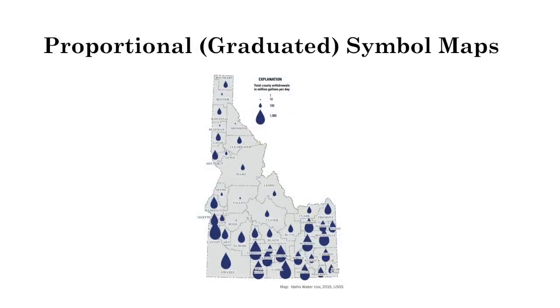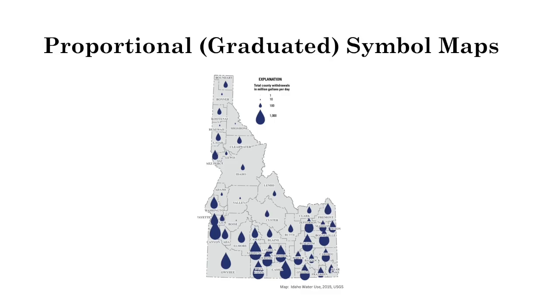These are kind of like your dot distribution maps, but the symbols vary in size, which just means they vary in value. The larger the size, the larger the value, or percentage, or proportion. They're called proportional symbol maps. Sometimes you may see them called graduated symbol maps.